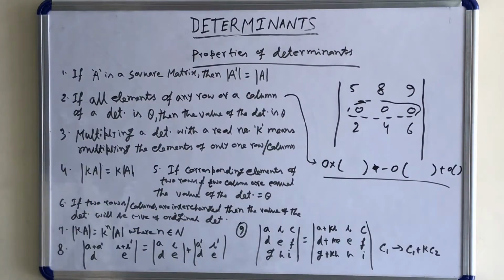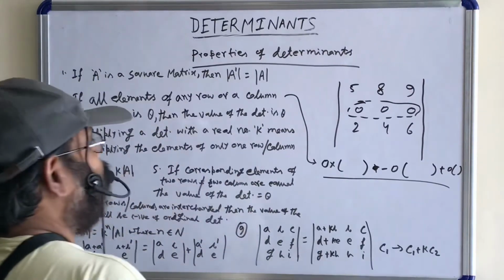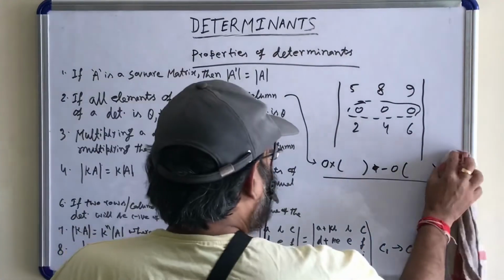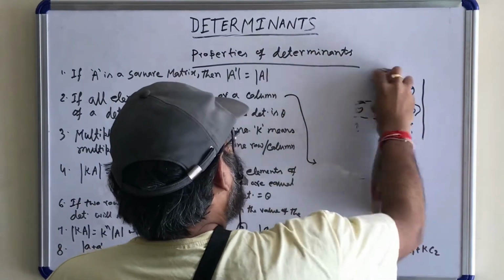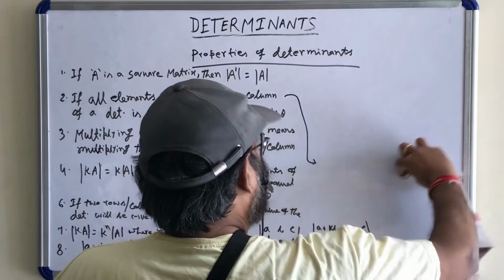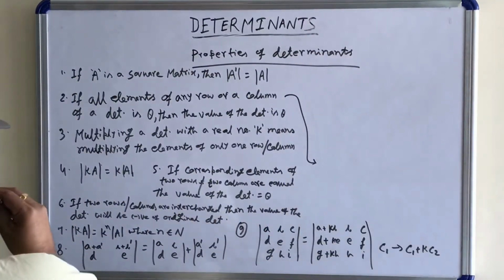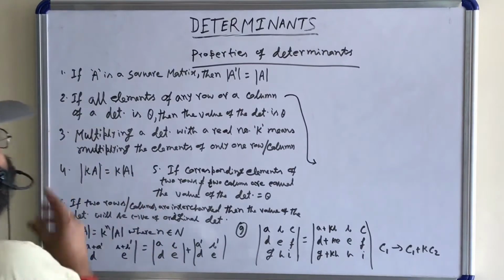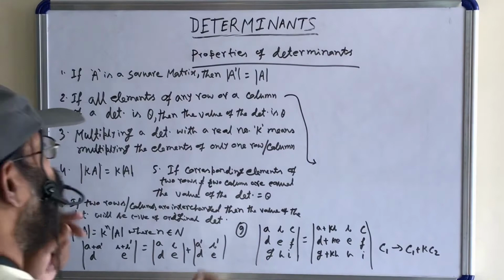Third property: multiplying a determinant with a real number k means multiplying the elements of only one row or column. In a matrix, scalar multiplication means all the elements of the matrix are multiplied by k. But in case of a determinant, it is multiplication of one row or a column.